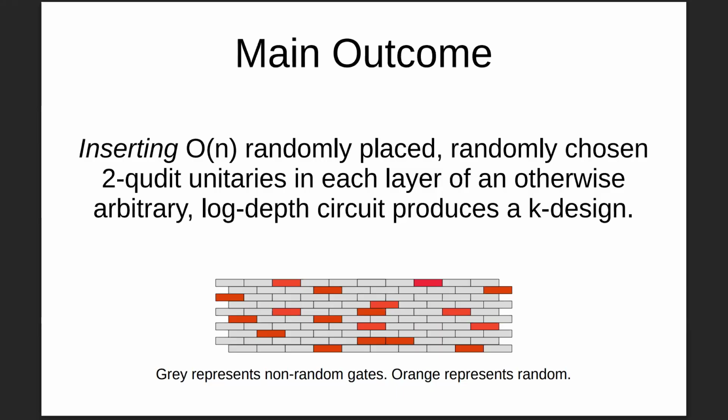And so I could think of that as being the orange gates, that every once in a while you get this spurious interaction. It doesn't have to be a uniform or strongly random thing. It can be even just a little bit of spurious interaction between neighboring qubits that's uncontrolled and therefore random.